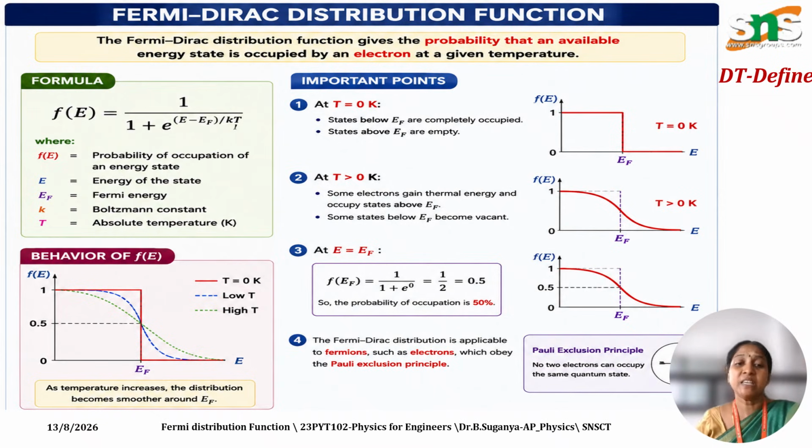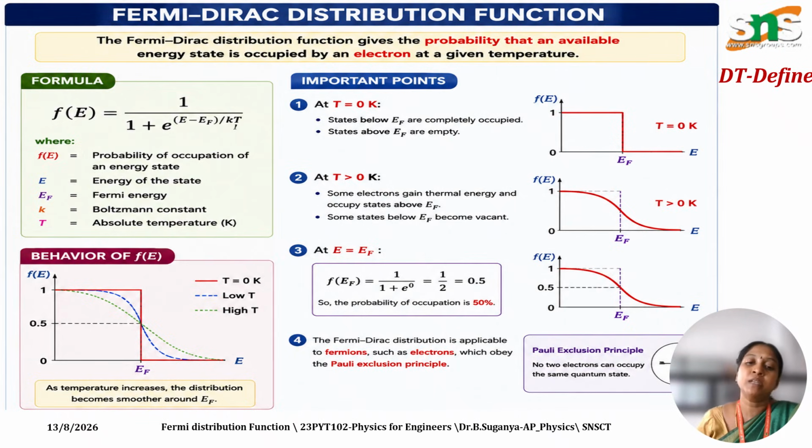Next, if E is equal to EF, that means the energy of the state is equal to the Fermi energy, f(E) is equal to 1 by 1 plus e power 0. So e power 0 value is 1. So 1 plus 1 is 2. So this is equal to 1 by 2, that is 0.5.